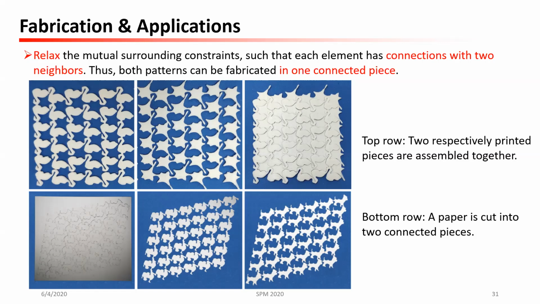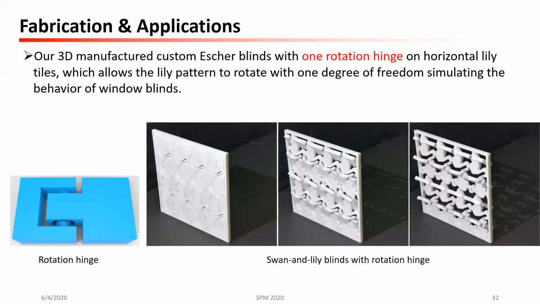Thus, both patterns can be fabricated in one connected piece. Our 3D manufactured custom shell blends with one rotation hinge on horizontal lily tiles. The lily pattern can rotate with 1 degree of freedom, simulating the behavior of window blinds.